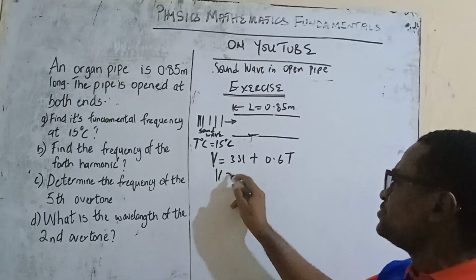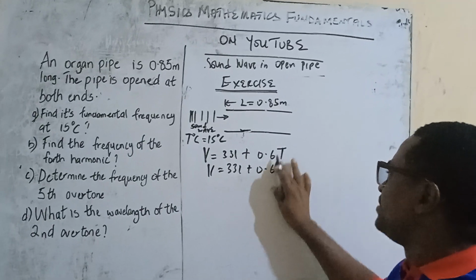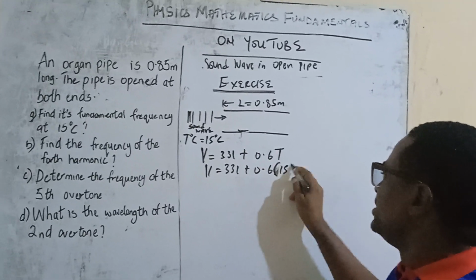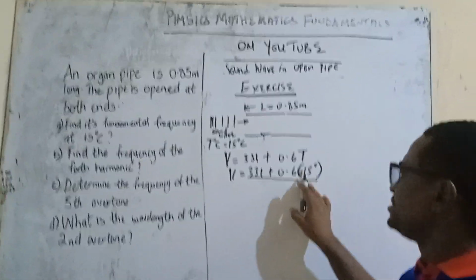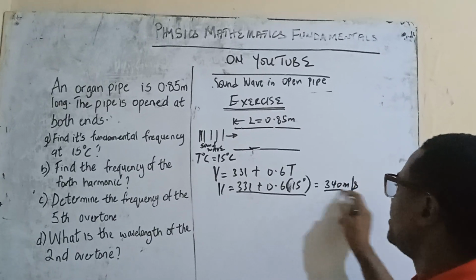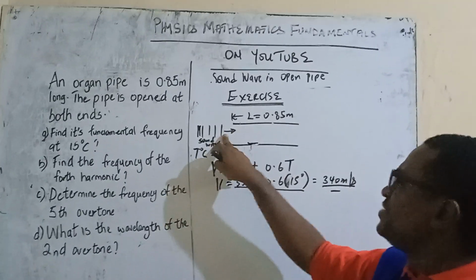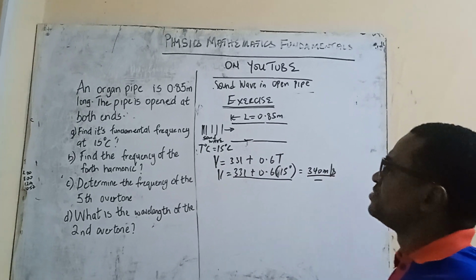So V will now be 331 plus 0.6 T. Our T now is 15 degrees Celsius. So using your calculator to evaluate this, we are going to have 340 meter per second. So that means the speed of this sound wave in this pipe is 340 meter per second.